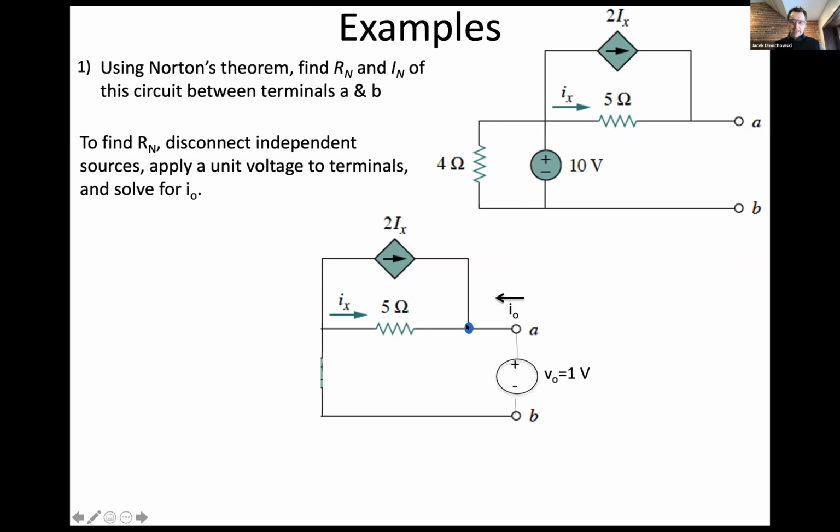Who can help me apply KCL at this node where my cursor was? So would it be 2ix plus ix plus I naught equals to what? 0? Yes, that is good.